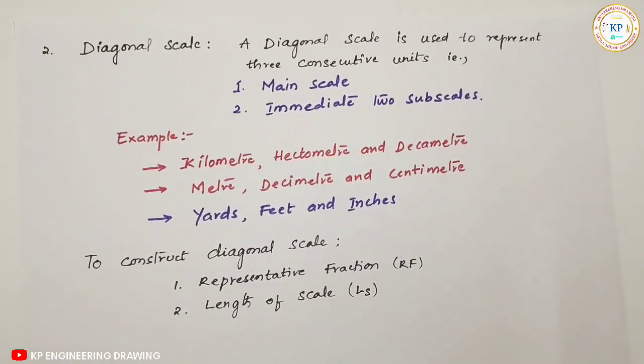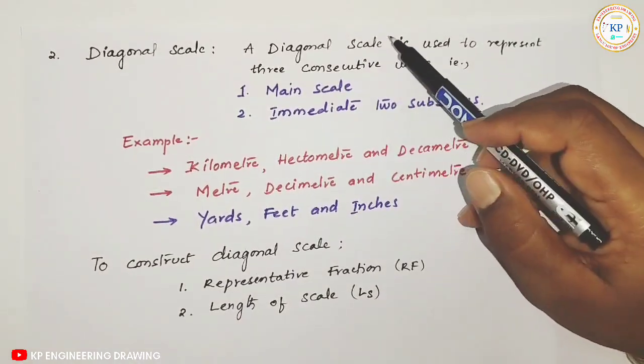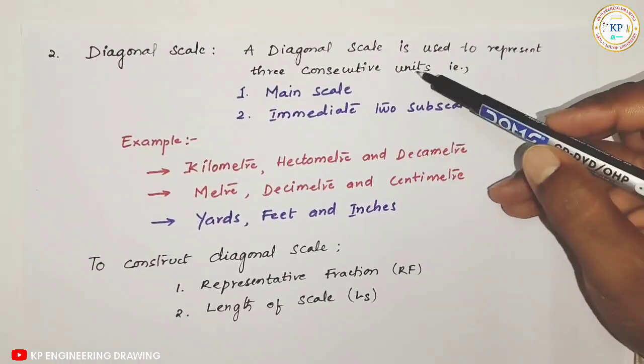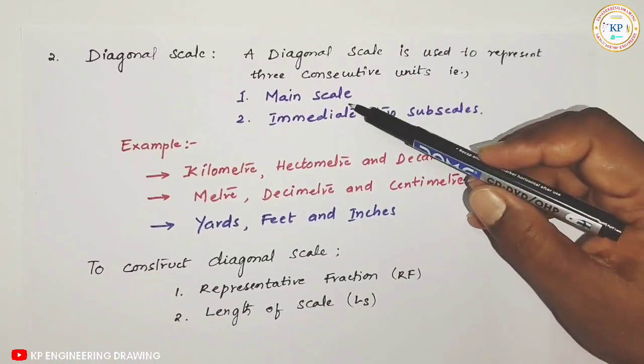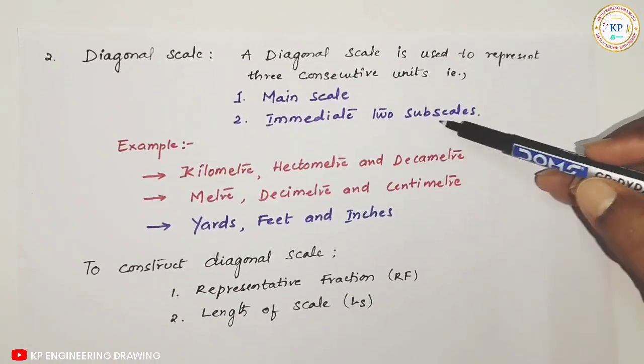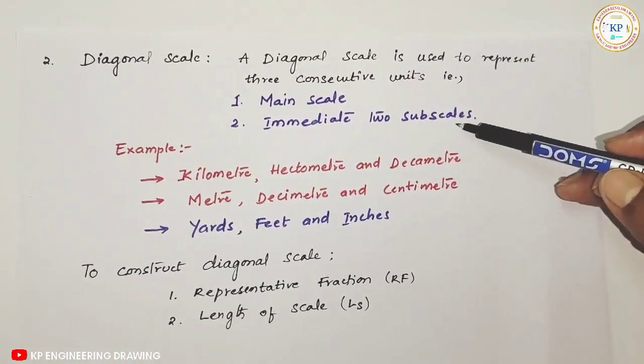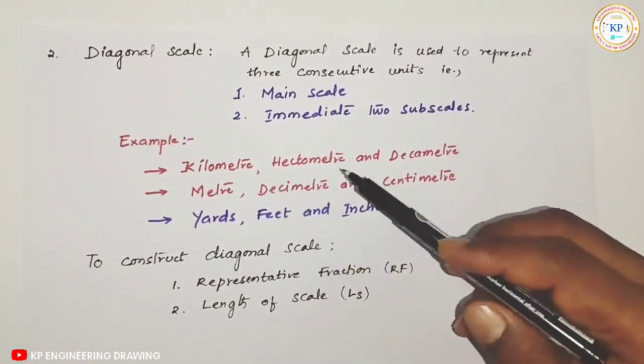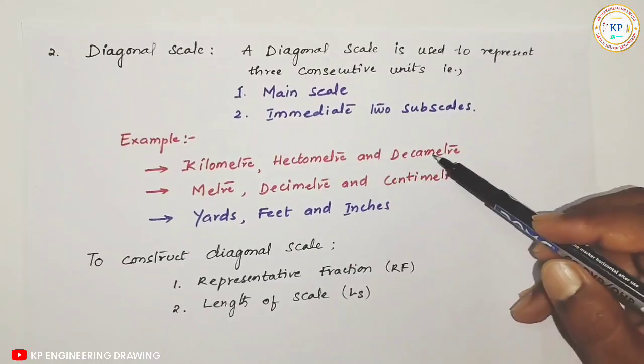A diagonal scale is used to represent 3 consecutive units, that is the main scale and its immediate 2 subscales. Example, kilometer is the main scale and its 2 subscales are hectometer and decameter.